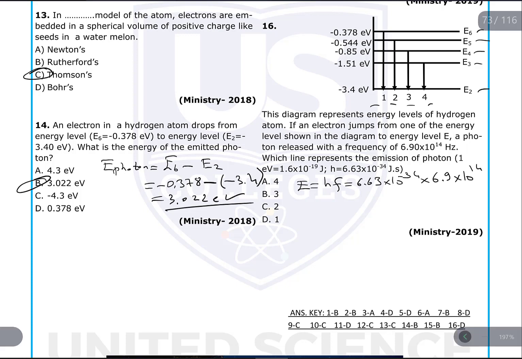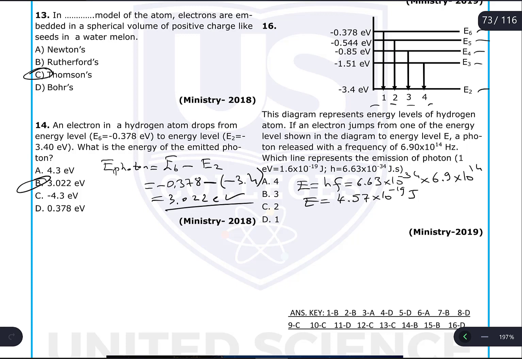Let's calculate this: 6.63 times 10 to the power of negative 34 times 6.9 times 10 to the power of 14. Answer is 4.57 times 10 to the power of negative 19 joule.